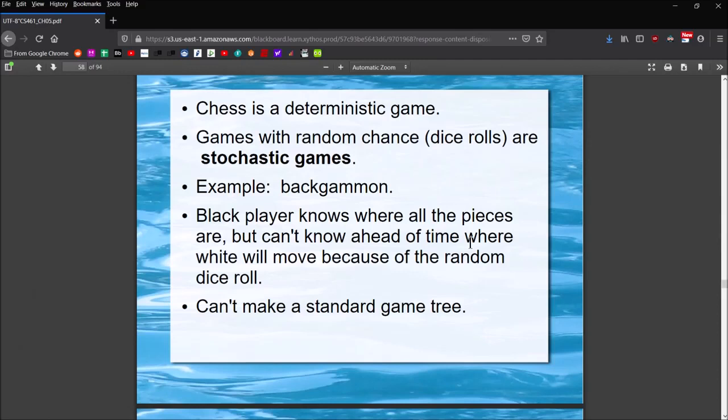There's going to be 2 dice that are rolled, and each one of those dice combined provides a combination that allows for certain legal moves that the white player can make. And so the black player is not going to know or can't predict ahead of time exactly where the player could move or where they will move.